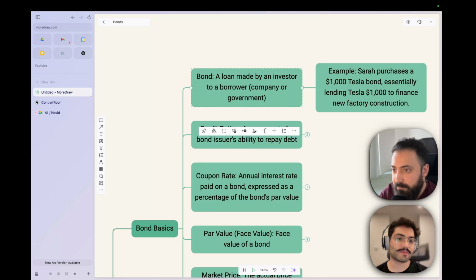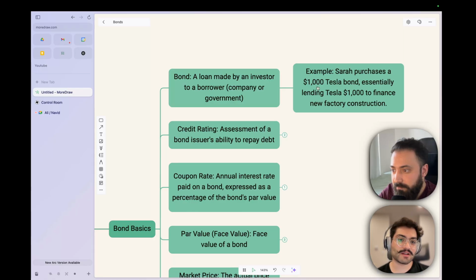Tesla wants to do something and they want to take a loan and get money. So Sarah purchases $1,000 of Tesla bonds and she lends Tesla $1,000 to finance whatever they want to do.